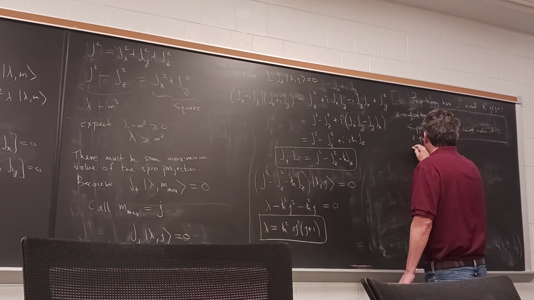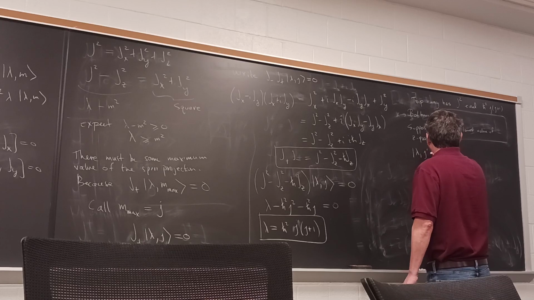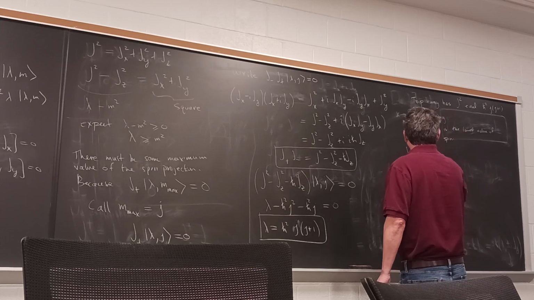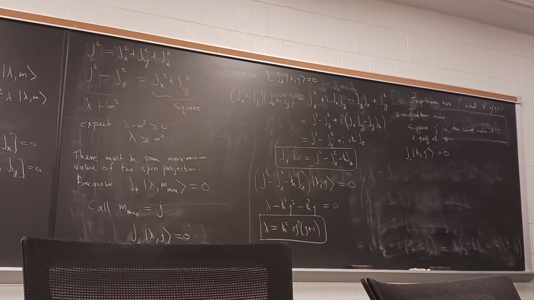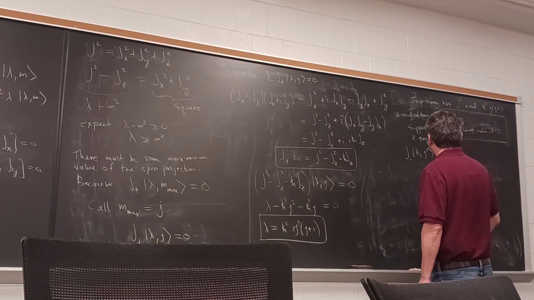So we'll have lambda J prime, we'll have J minus now, and we'll let J minus act on the state of lowest spin, and it will give us a 0.